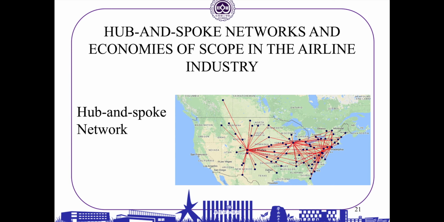United set Chicago as a hub, where all planes flying in the northern United States land in Chicago for a round trip. That is, they cancel the flight from Omaha to Boston. Instead, they fly Omaha to Chicago, and the passengers who want to go to Boston transfer in Chicago.